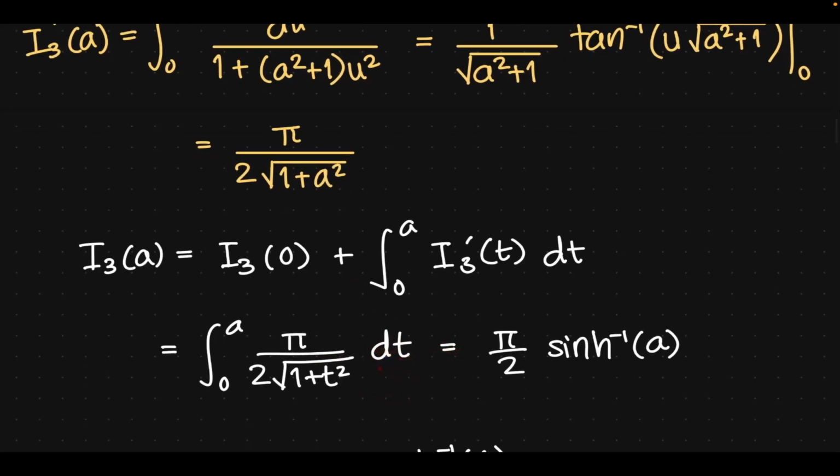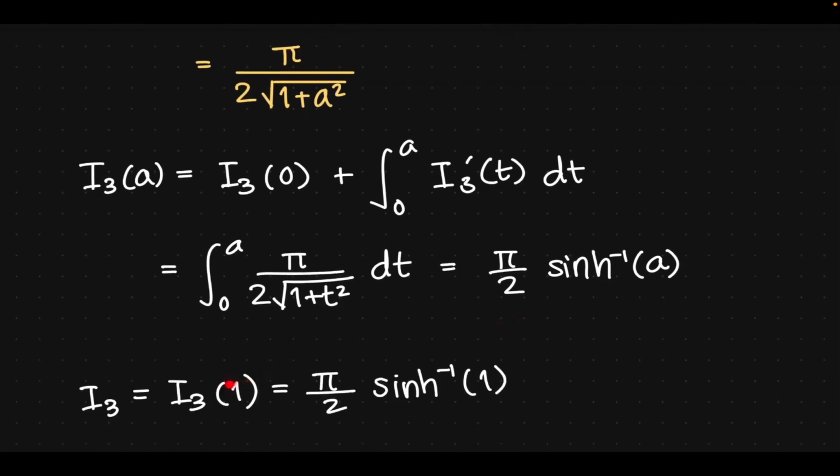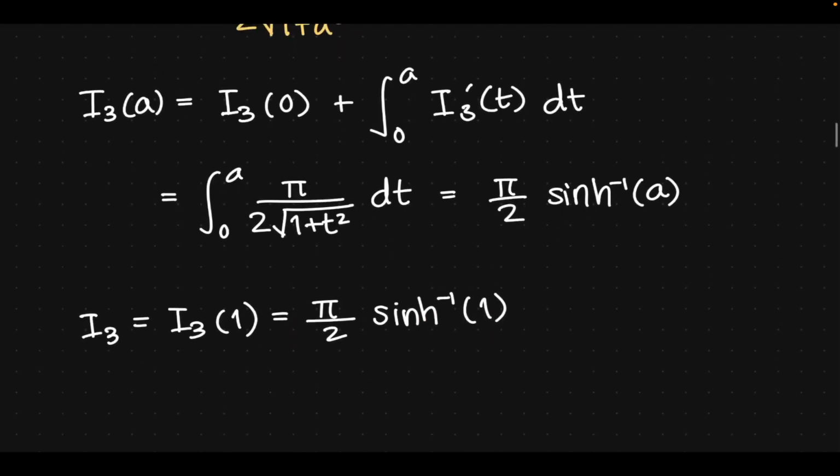That again has a standard nice form of pi over 2 sinh inverse of a. So I3, which is I3 evaluated at a equals 1, is just pi over 2 sinh inverse of 1. And that's it. We solved this problem.